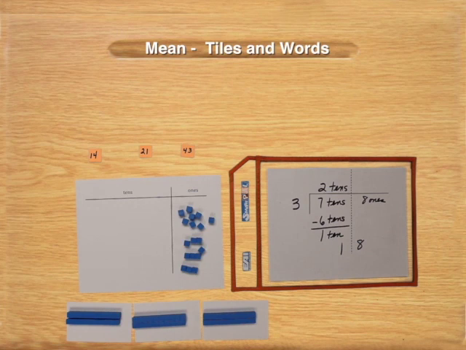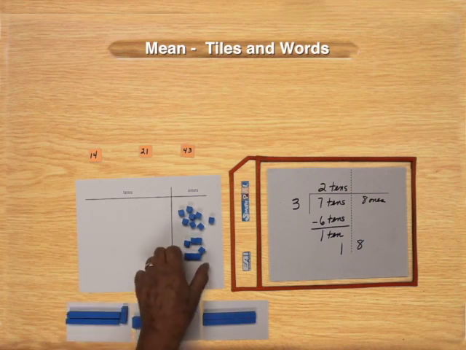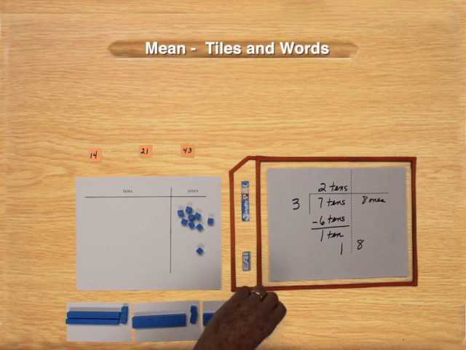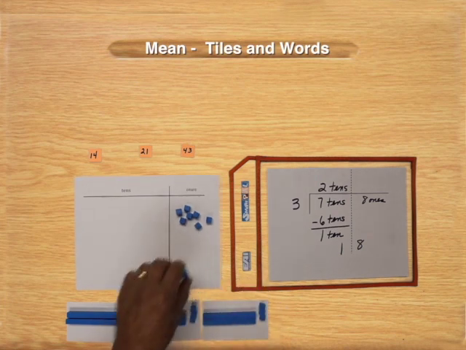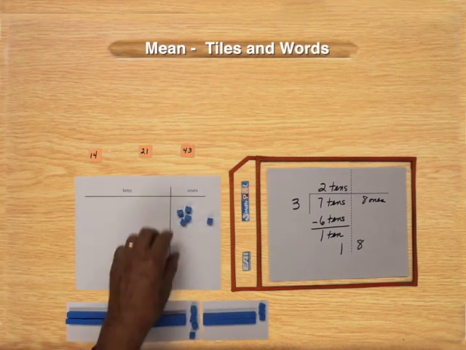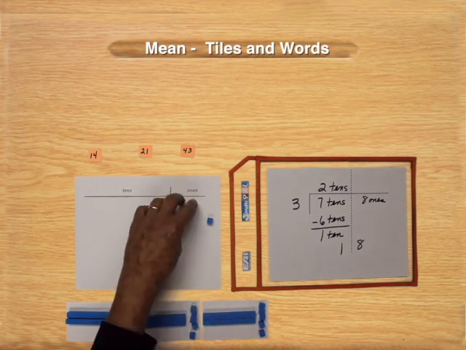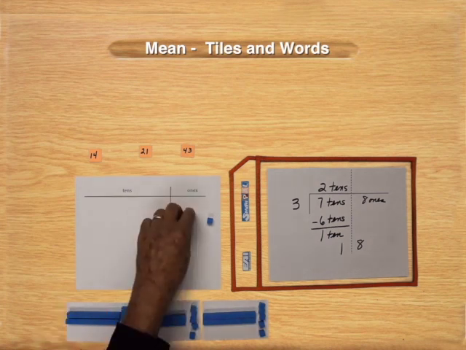And now we're going to share out the ones. Well, as we did before, we'll start by sharing 3 ones with each group. Then we can share out 2 more. And then finally, we can share out 1 more.